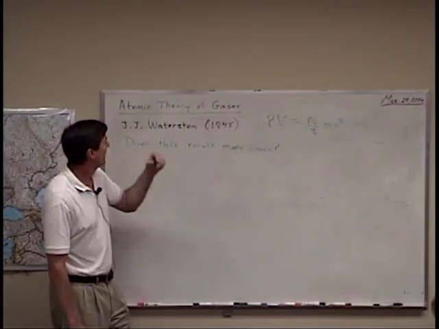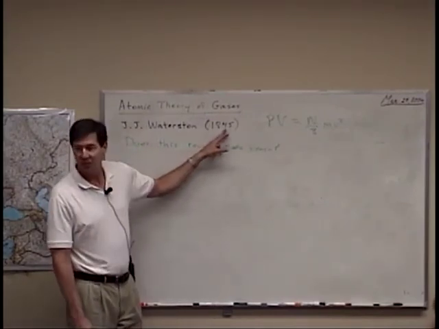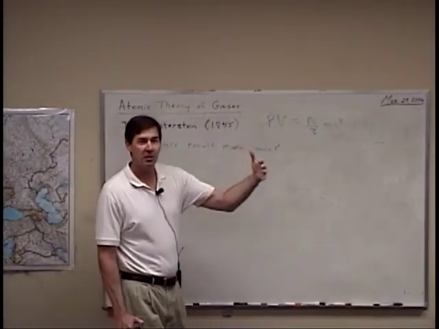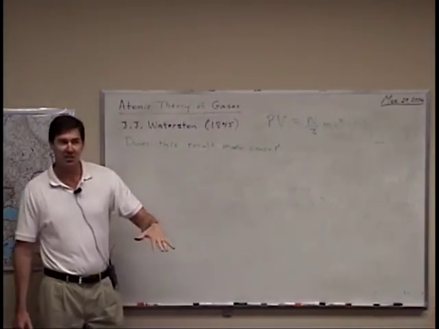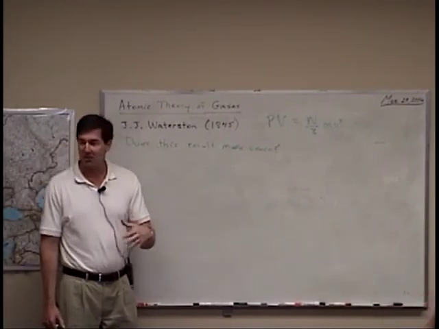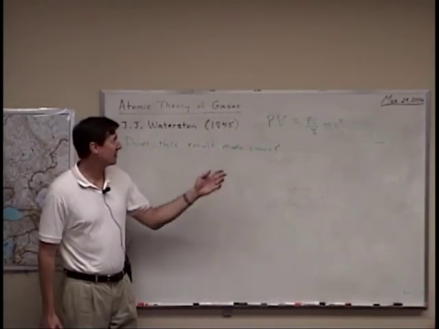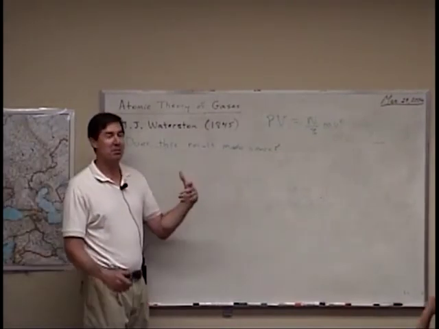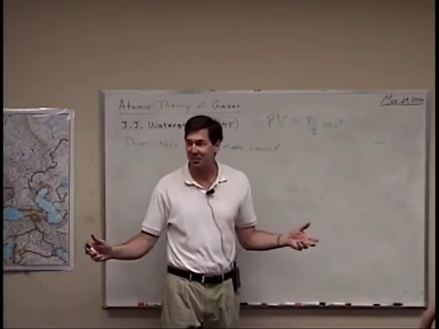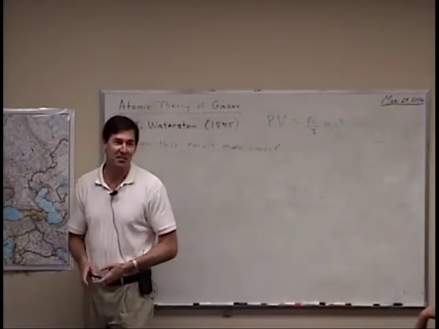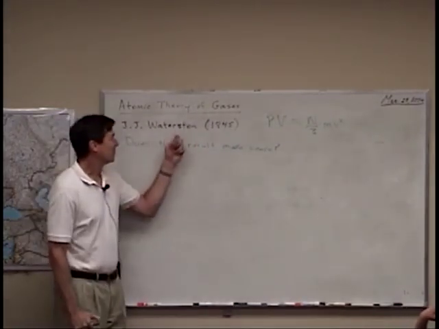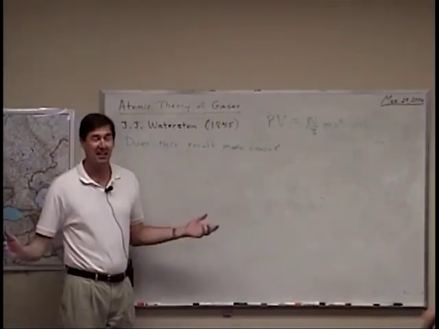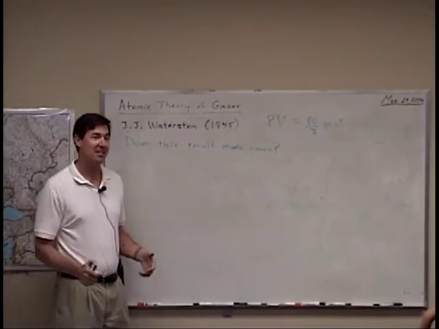And then, about 50 years later, somebody was reviewing the old notes of the Royal Society and came across this paper by Waterston, and then exposed what had actually happened. That in fact, Waterston had been the one to derive this very important result and had never gotten the credit for it.